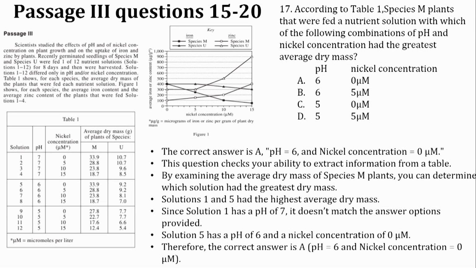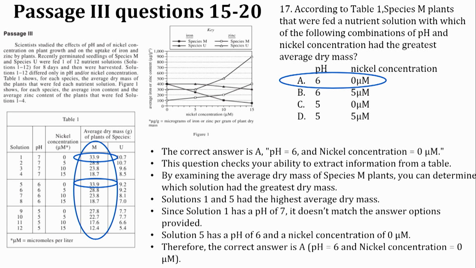This question checks your ability to extract information from a table. By examining the average dry mass of species M plants, you can determine which solution had the greatest dry mass. Solution 1 and 5 had the highest average dry mass. Since solution 1 had a pH of 7, it doesn't match the answer choices provided. Solution 5 has a pH of 6 and a nickel concentration of 0 micromoles per liter. Therefore, the correct answer is A.